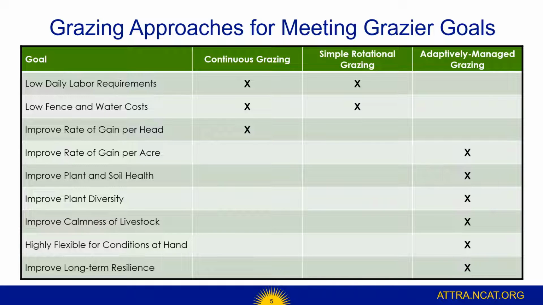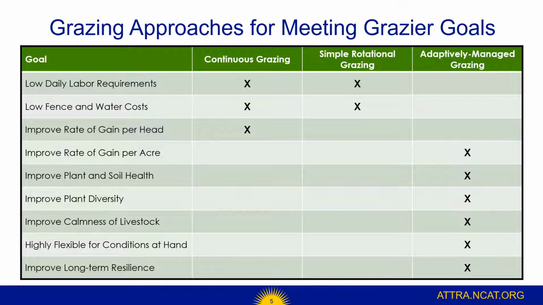You don't have a lot of flexibility in a system like that. It's very rigid. Whereas in an adaptively managed grazing system, there are times when animals may be moved every single day, but there may be times when animals are only moved once a week or every 2 weeks. It depends on the time of the year and what's going on. So when we talk about adaptively managed grazing, we're not talking about moving animals once a day all year long. We're talking about management intensity that ebbs and flows throughout the year depending on what's going on.